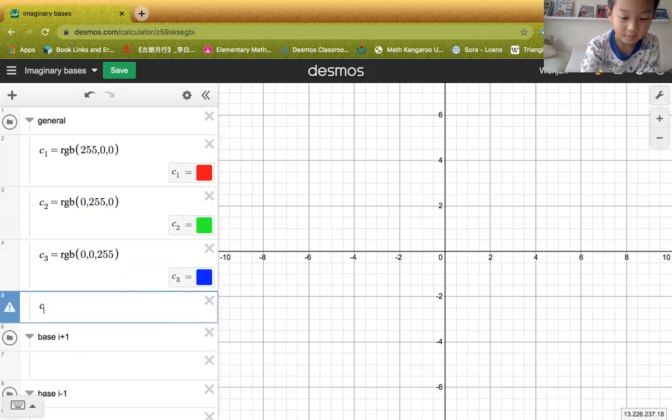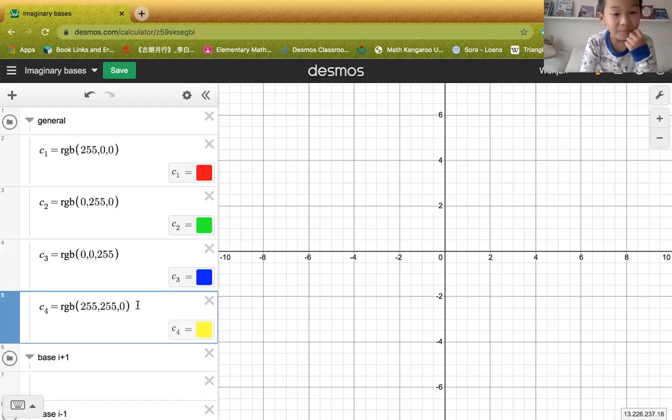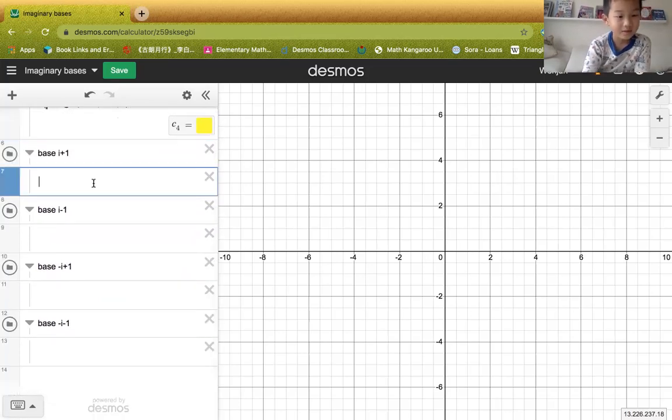And C4 equals RGB of 255, 255, 0. Actually, 127 would be better as... Actually, 255 is going to be better, even though it might be better later for the color ratios.